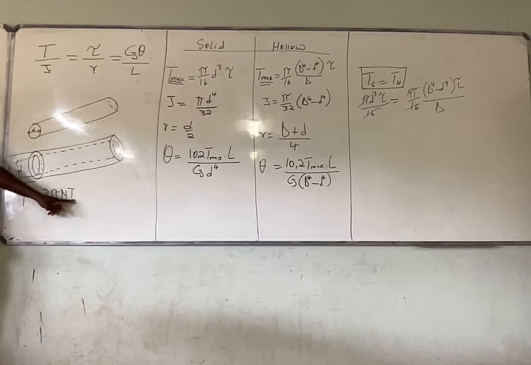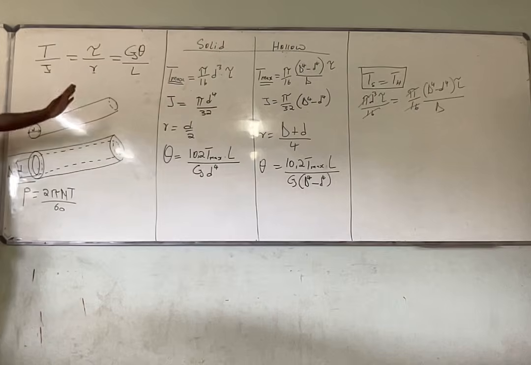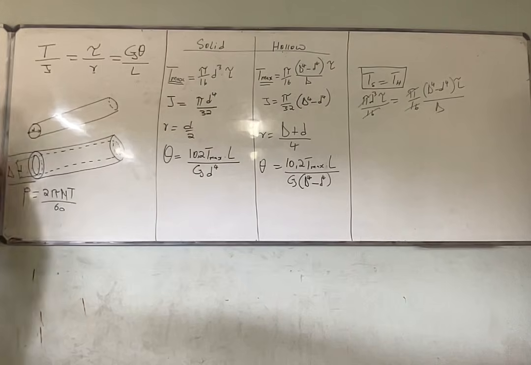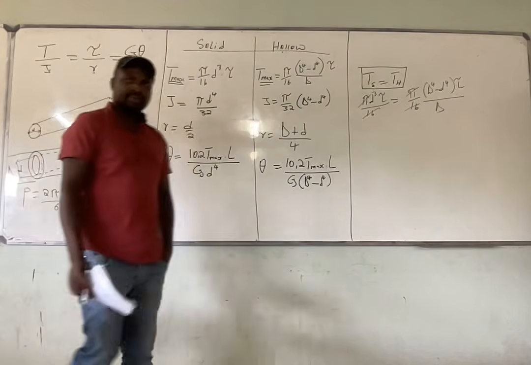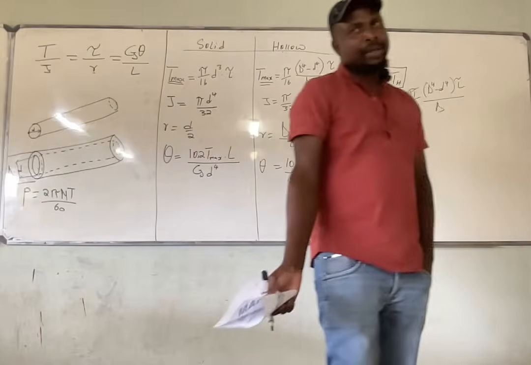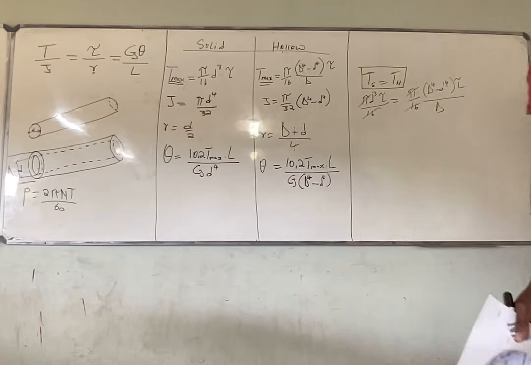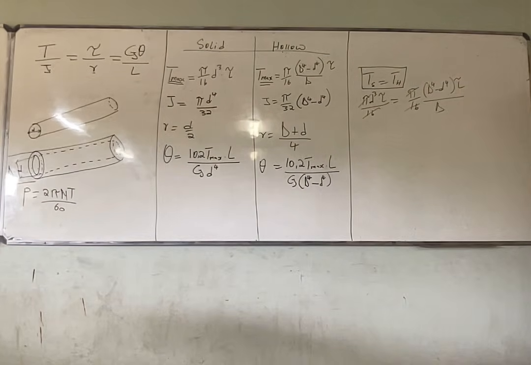It's only this torque which is the mean torque. The other torque, as we talk, is the maximum. You get that? Yes. But remember, we said if there is no overload, the Tmax is equal to the Tmin. Okay.